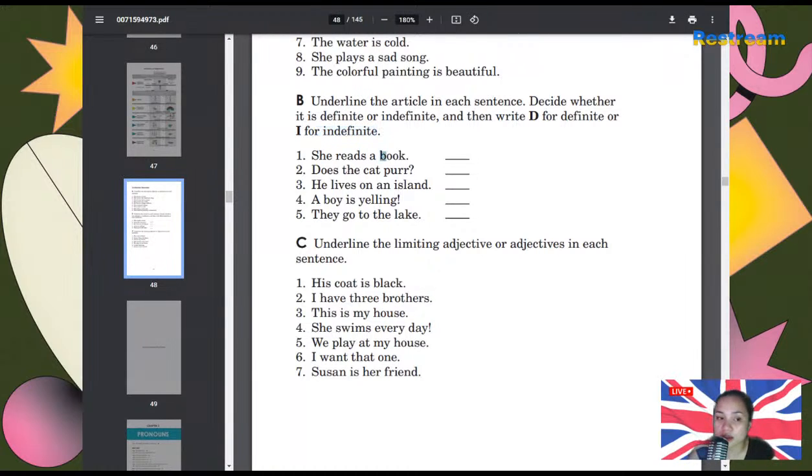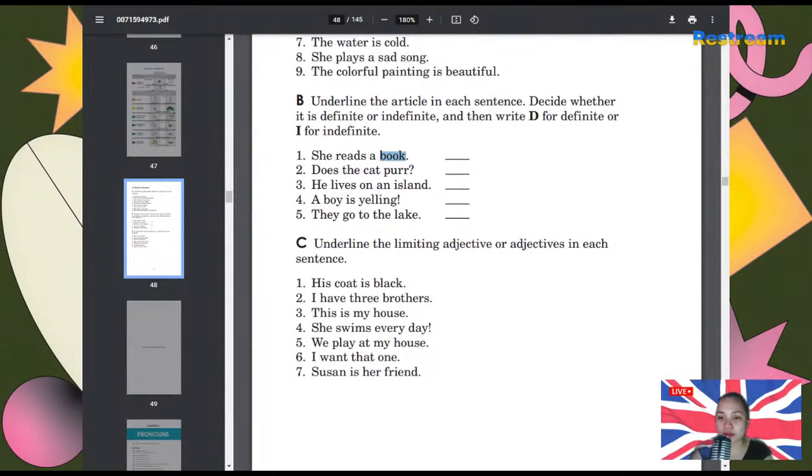Because here we are identifying a singular form of a noun, a book. So remember, when you say indefinite, we are actually saying a singular form of a noun.